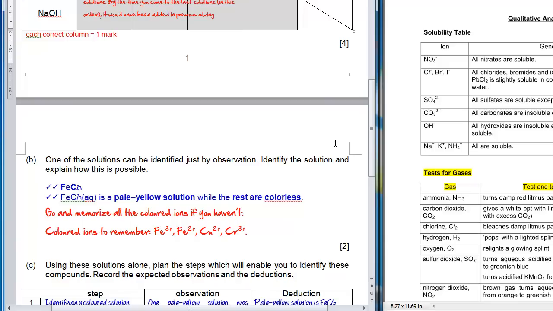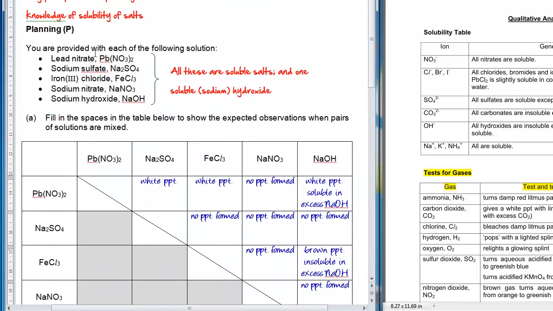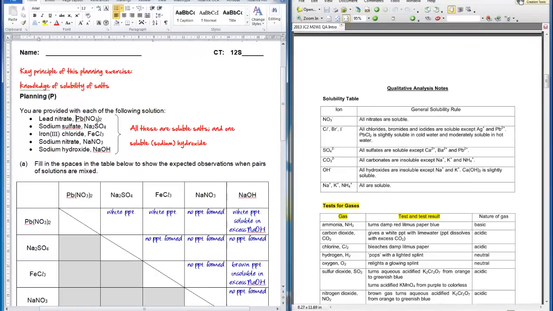The answer is iron trichloride, because iron trichloride is a pale yellow solution, while the rest are colorless. Lead nitrate is a colorless solution. Sodium sulfate, again, is colorless. Iron trichloride, colored. Sodium nitrate, colorless. Sodium hydroxide, colorless.